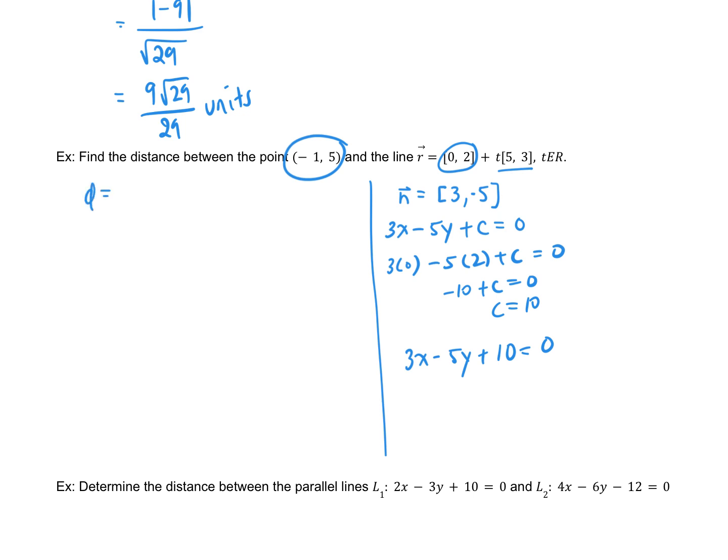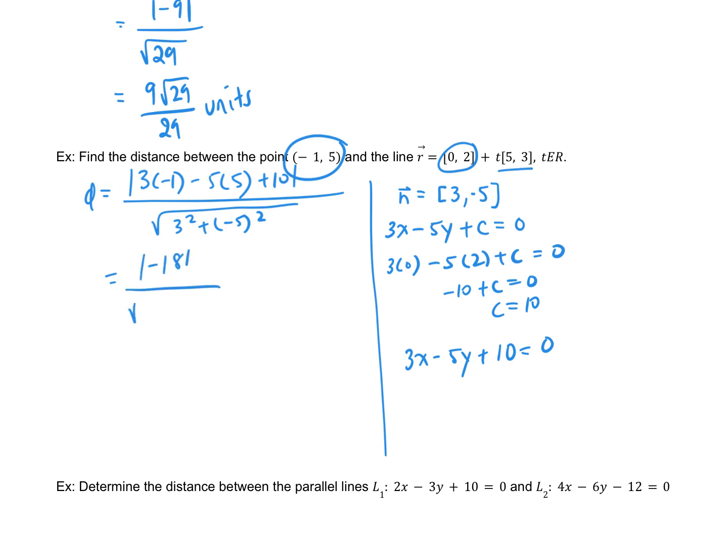So our distance will be the absolute value of 3 times negative 1 minus 5 times 5 plus 10 over the magnitude of the normal. So that's going to be 3 minus 25 plus 10, which is negative 18.